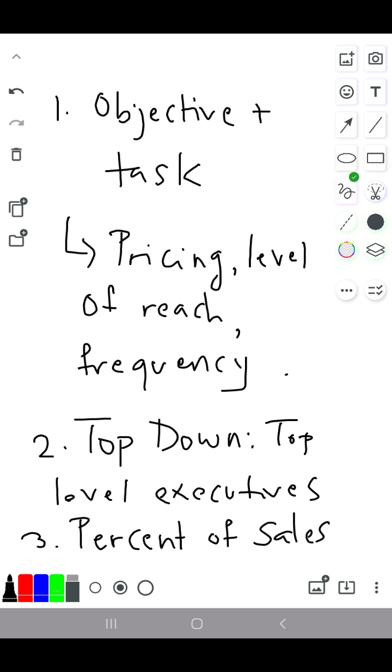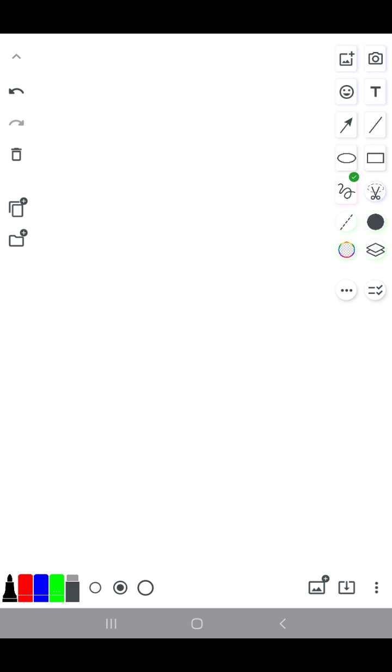After percent of sales, you have affordability.